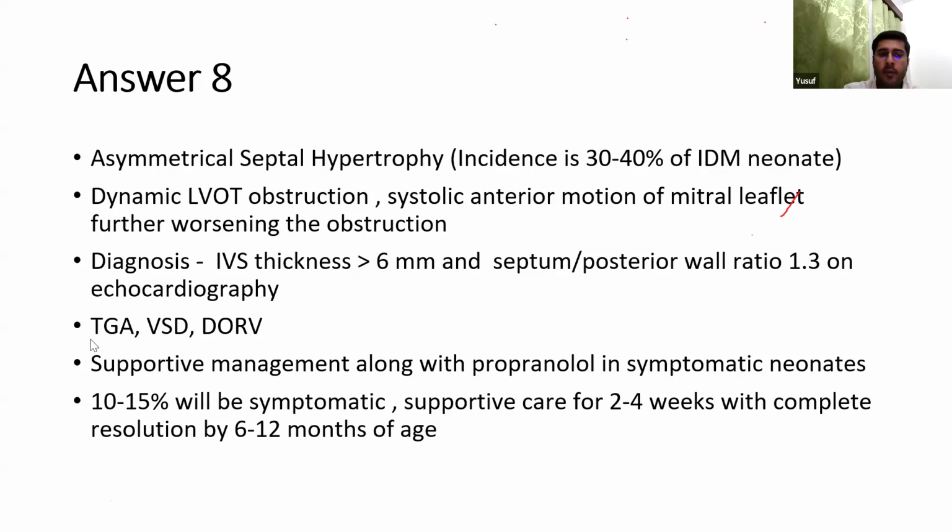The other important cardiovascular conditions associated with infant of diabetic mother are TGA, VSD, and double outlet right ventricle. As you all correctly pointed out, this requires supportive management. Most of these conditions will resolve by 1 year, and in babies who are symptomatic, we will provide propranolol.